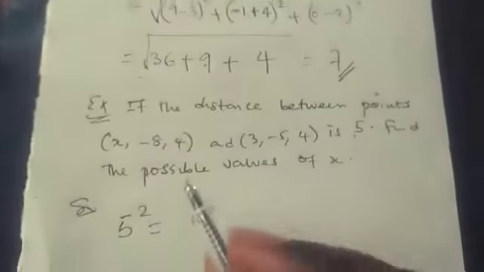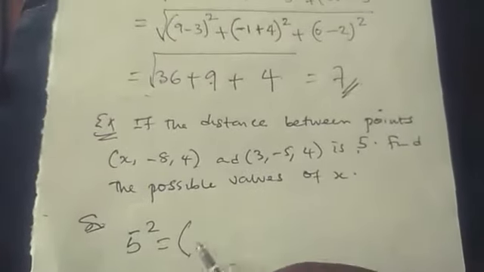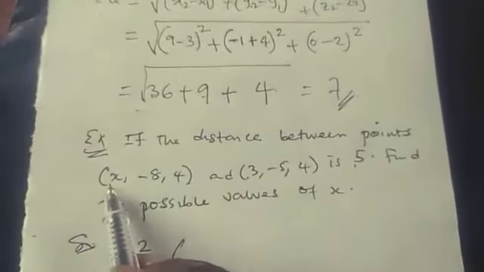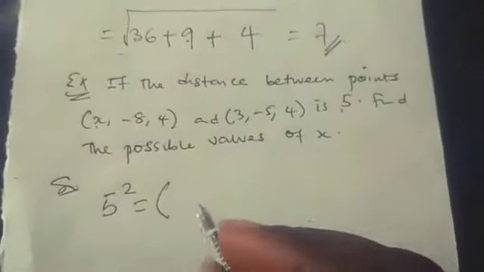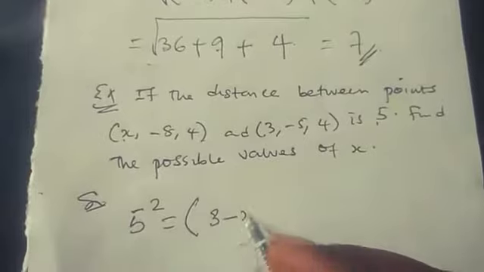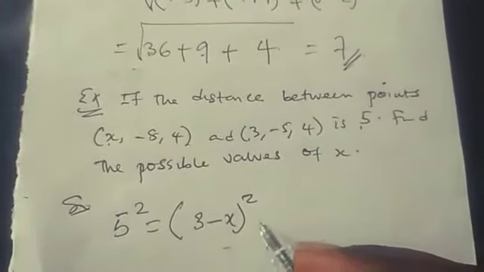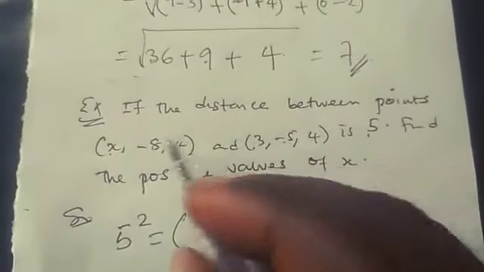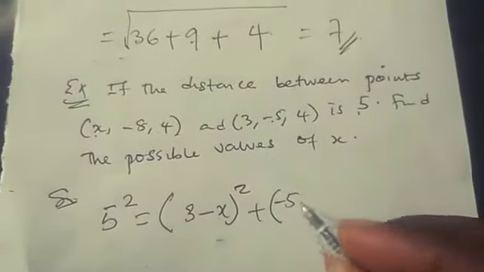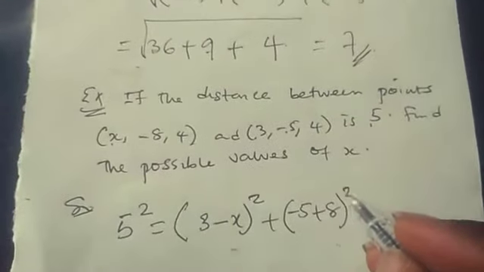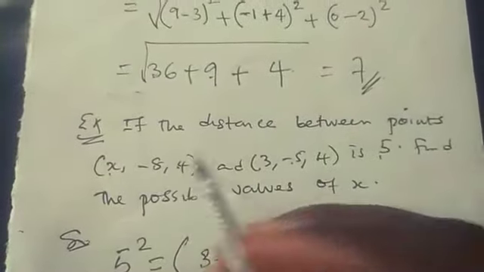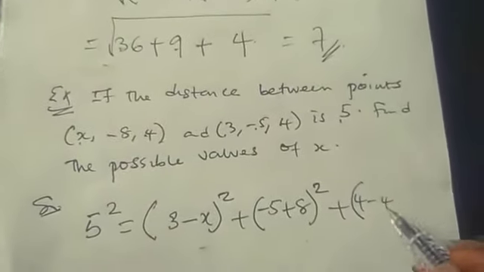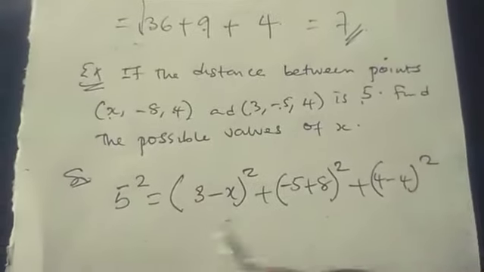PQ is given already, so I don't need to use the square root again. 5 squared equals S2 minus S1, is it this minus this? So that is 3 minus S all squared plus, minus this minus 5, it will now become plus 8 all squared plus 4 minus 4 all squared.